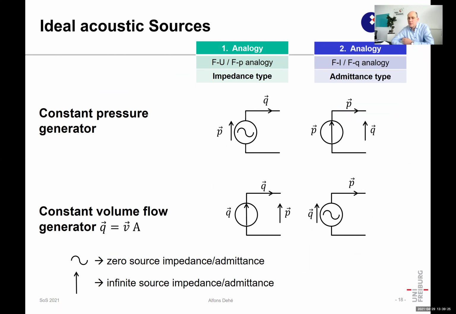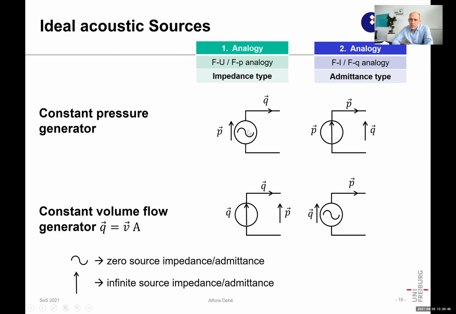So we describe a source, like a sound source, with different analogies. We can express this in the first analogy or in the second analogy. Both can be translated into each other. In the first analogy, we have a pressure source which is generating a flux.